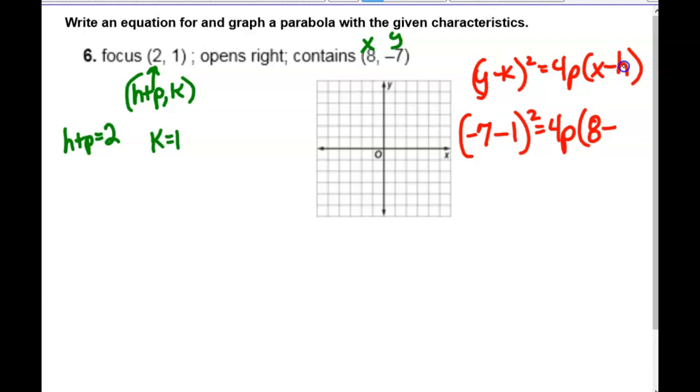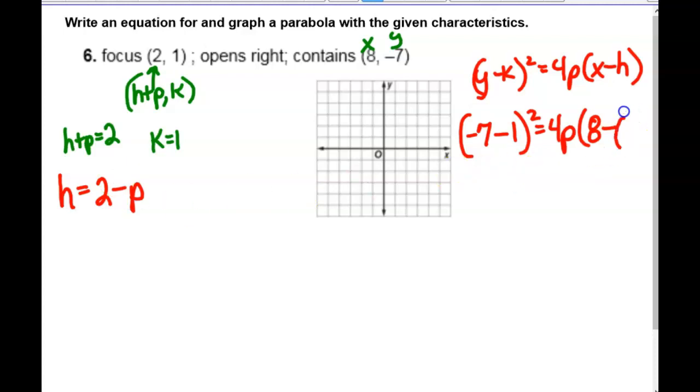Do I know an h? No. But what if I don't want two variables? What could I do with this so that I can replace h? I already have a p here. So this could say h is really what? Everybody good? h is 2 minus p.